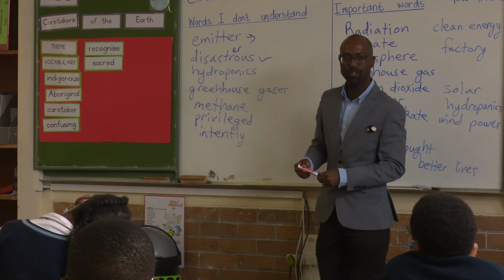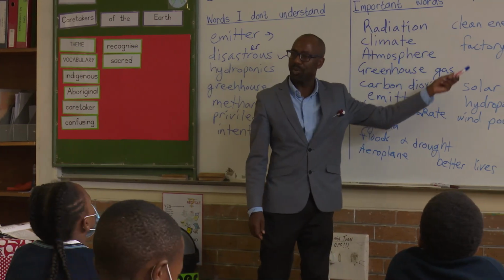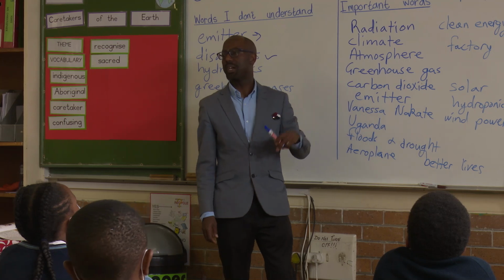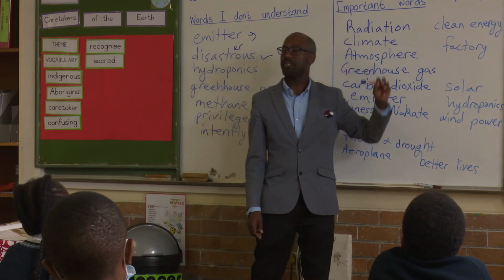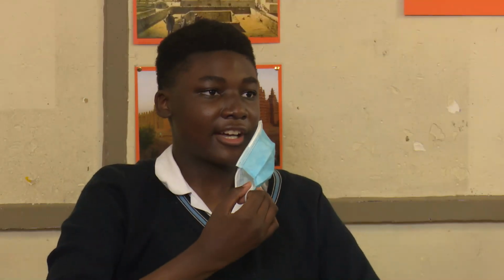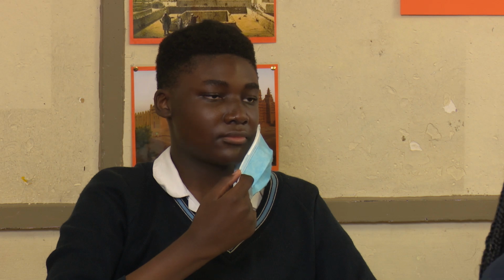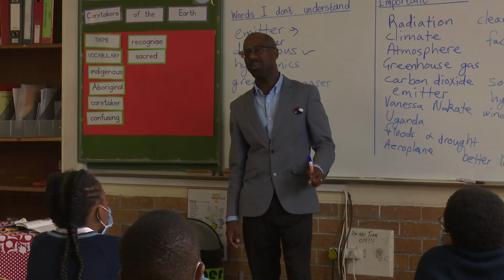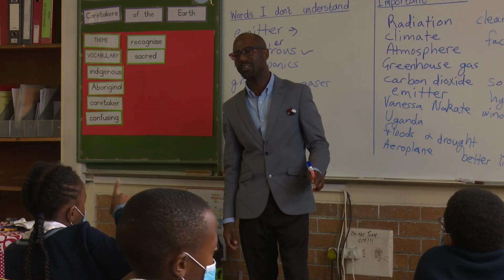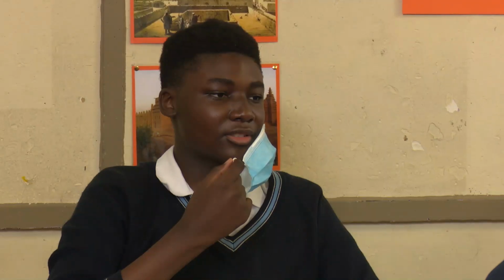Good, right. Let's move on. Remember, when we talk of important words, we're talking of words that help us to understand the story. Let's start with the characters. Who are the characters in the story? Wanda? Vanessa Nakate, her friends, and the shopkeeper. Okay, is it Vanessa Nakate and their friends, or is it the other way around? Think about it, Wanda. KB, do you want to help?